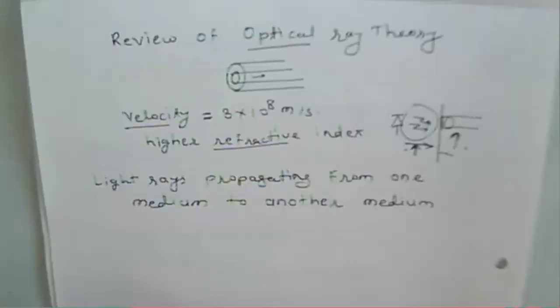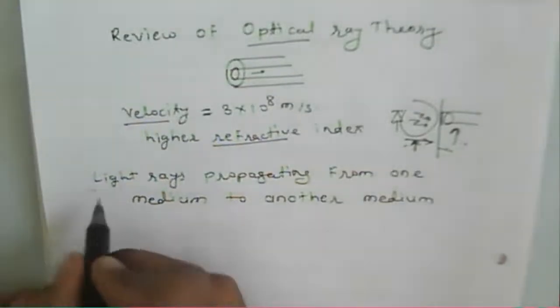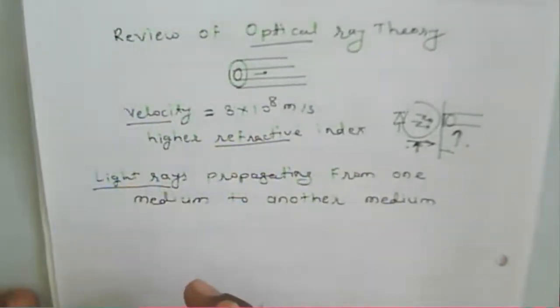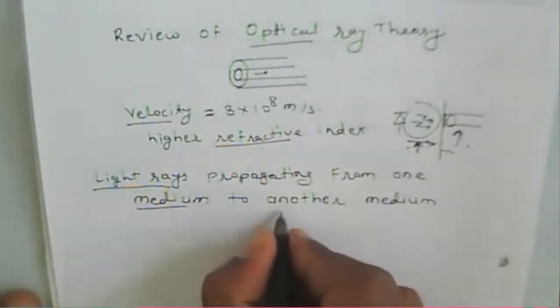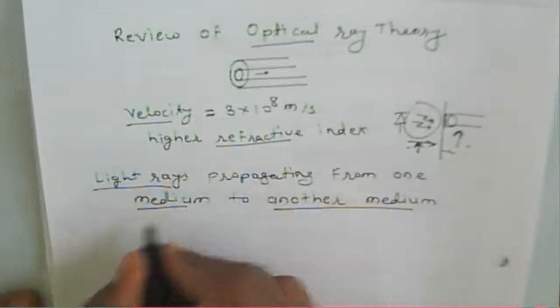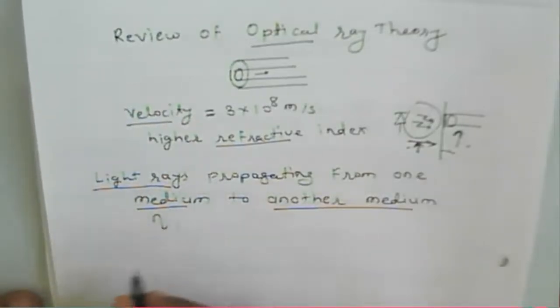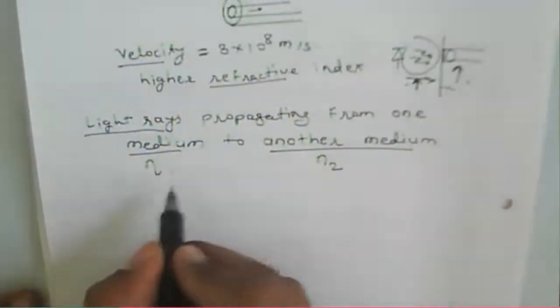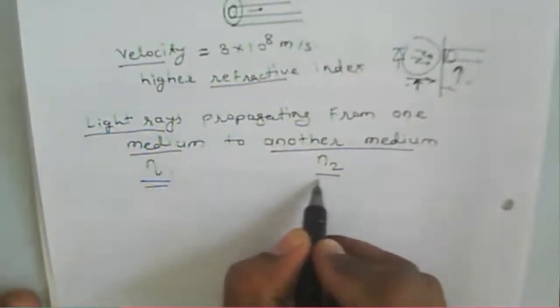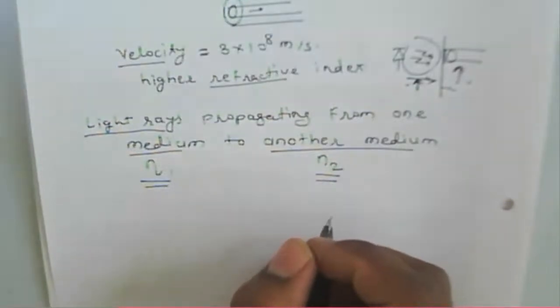Each medium has some refractive index. Suppose one is n1 here, and the other is n2. So what will be the difference between n1 and n2 here?